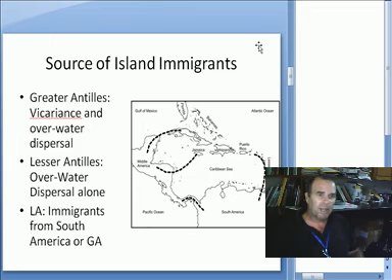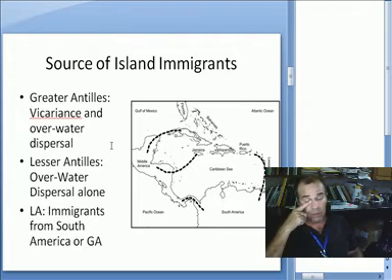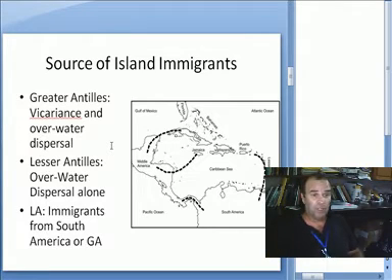In the Greater and Lesser Antilles, vicariance and overwater dispersal were the most important means of organisms getting to these different islands. Okay, now vicariance.